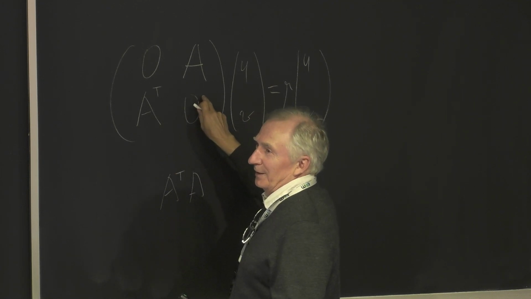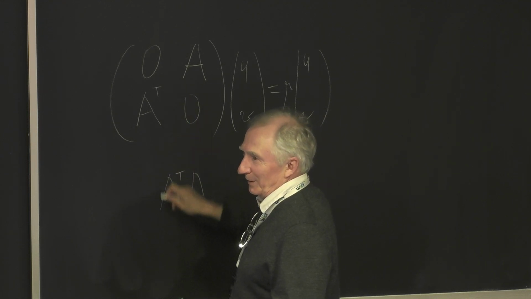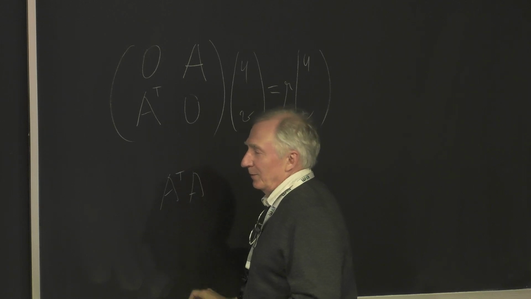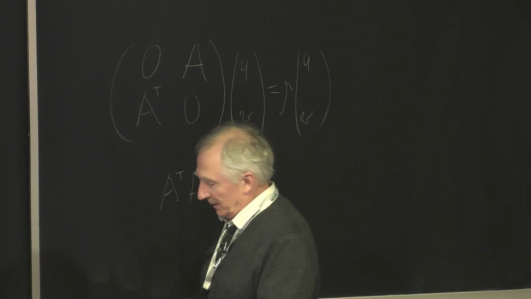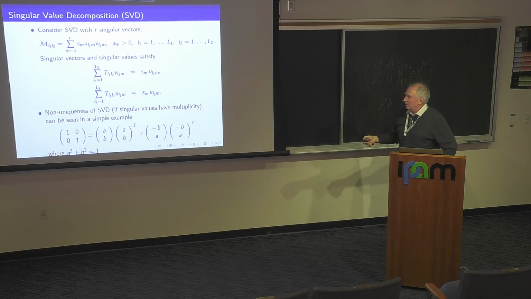This is better because you don't multiply matrices. Algorithms for SVD don't multiply. So that's exactly what is written here. You contract by one index, you get something with another index, and you do the same here. Now, it will become clear why I'm mentioning it. If singular values have multiplicity, the SVD is not unique.